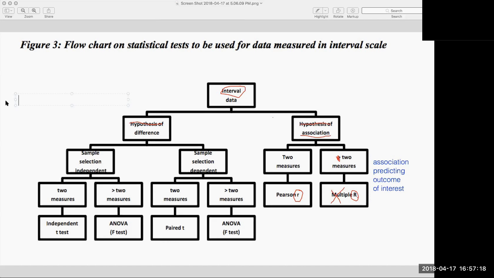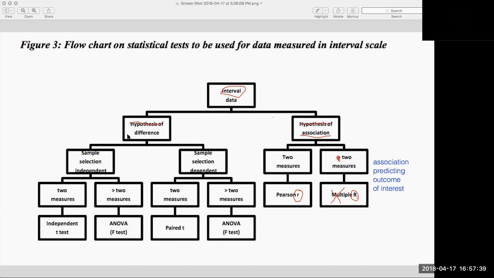We talked about hypotheses of difference. When we talk about difference here, think about, okay, I'm interested in income, but am I interested in a difference between two groups, right? So two measures.